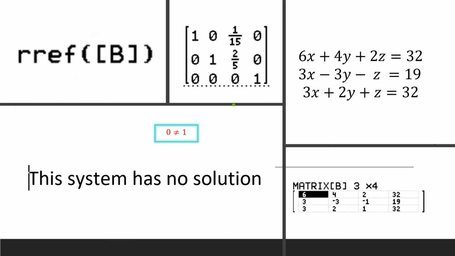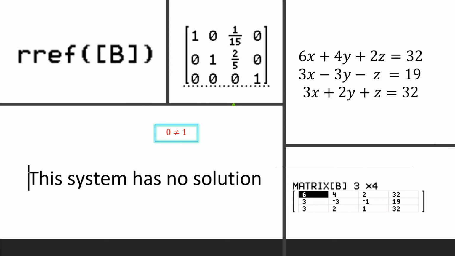The same system can be solved using our rref method. That is, create a matrix B which is 3 by 4 with the coefficients and the constants, and take the reduced row echelon form.